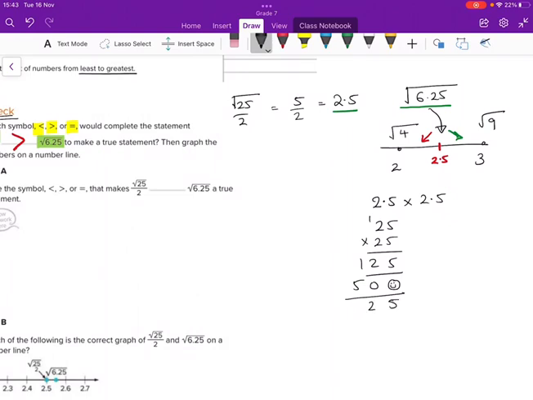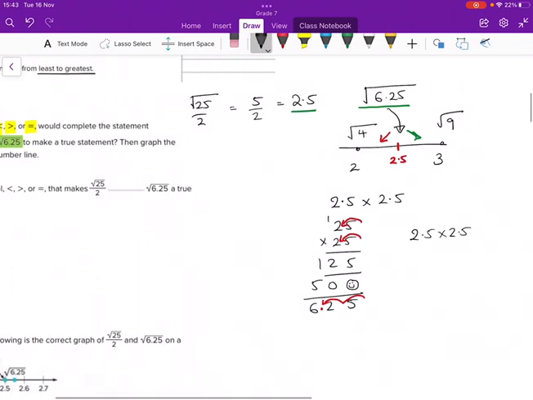And I get exactly 625. Now again, put those decimal places back in, 2 places. That means that 2.5 times 2.5 gives me 6.25, exactly, which means the square root of 6.25 is exactly 2.5.